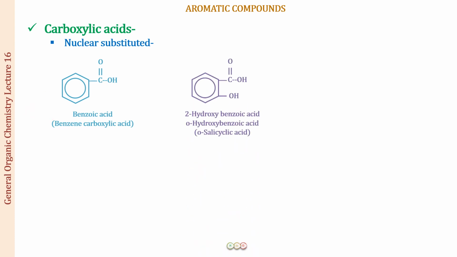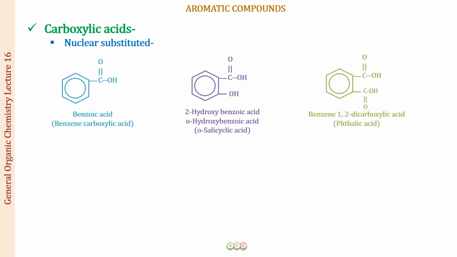And now in the benzoic acid, we have replaced one hydrogen by an OH group, so this becomes 2-hydroxybenzoic acid or orthohydroxybenzoic acid, and the common name for this compound is salicylic acid, just like we had the salicylaldehyde. All right, the next we have is a benzene with 2 COOH groups.